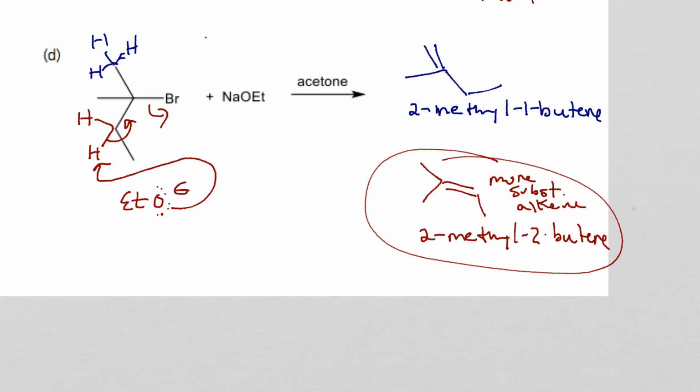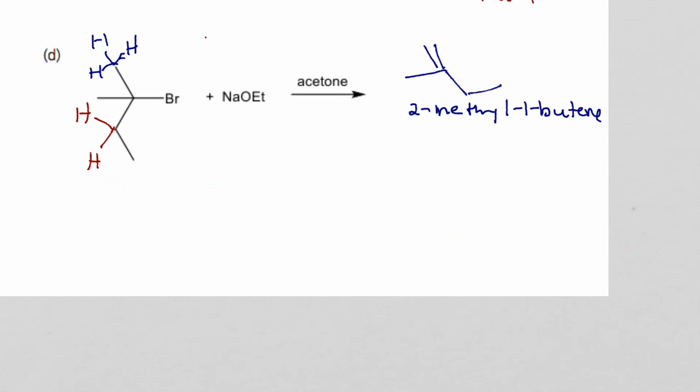So as I said, this is the major product of the reaction. Okay, so now let's ask another question. What if I wanted to get 2-methyl-1-butene as my major product? What would I do? Well, the major product in this reaction as written would be a Zaitsev elimination.